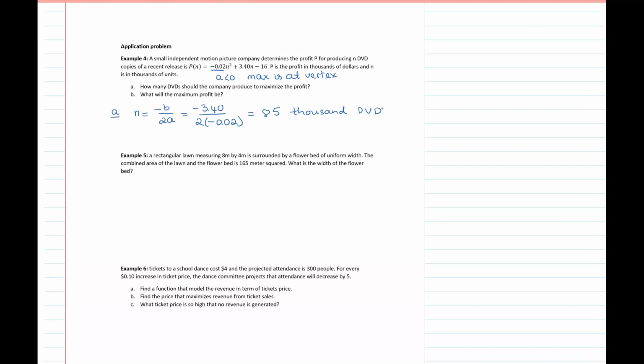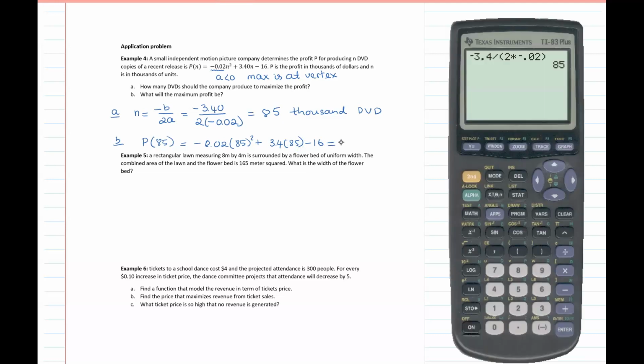And what would be the maximum profit? The maximum profit is the value P of 85, and that is negative 0.02 times 85 squared, and so on. Then we put this into the calculator.